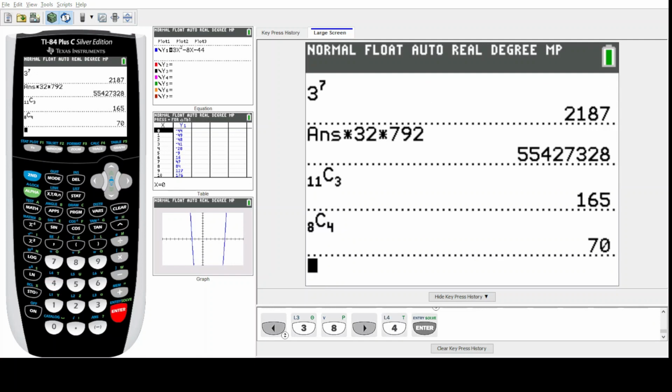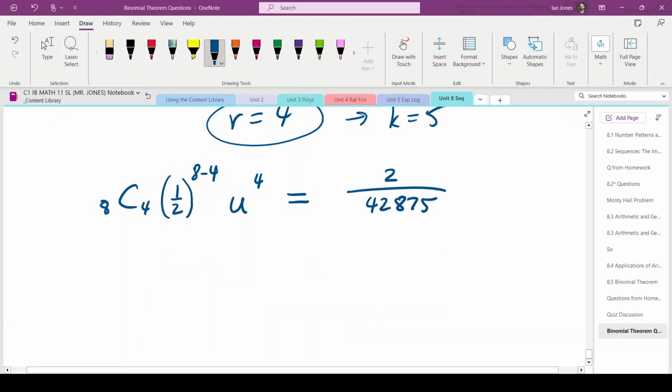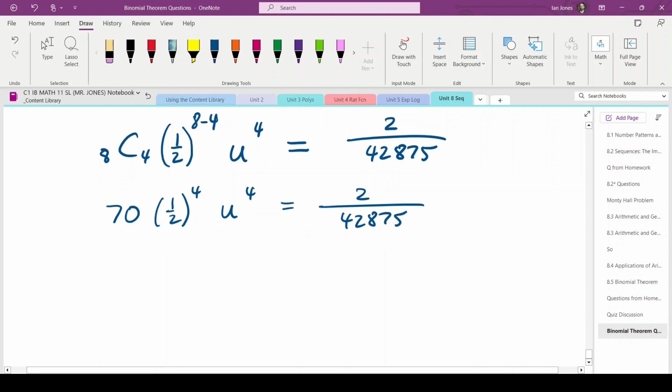We get 70. 1/2 to the 4, that's going to be 16. So let's see here, that's 70 over 16 u to the 4 equals this fraction.